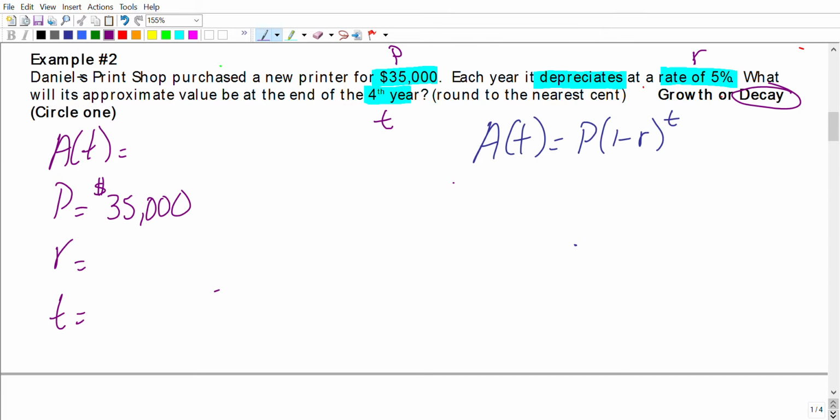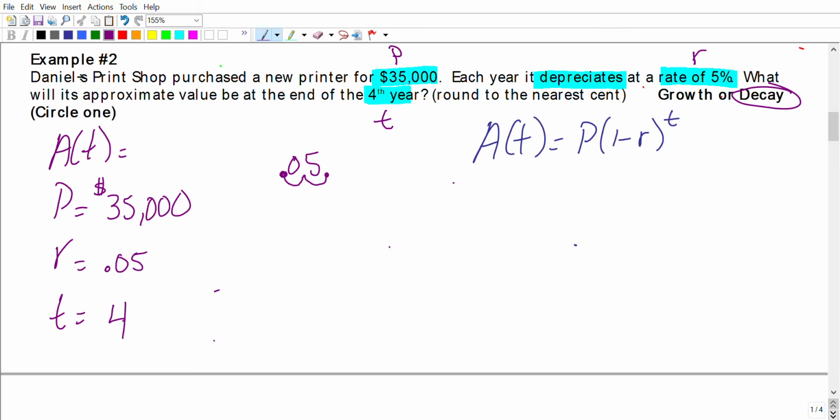Okay, my rate is 5%, but remember, if your decimal is here, you have to move it 1, 2 to the left. So this is actually 0.05, all right? And then finally my T, well, we're talking about after the 4th year, or at the end of the 4th year, so we're looking at a T of 4. Okay, I think we have everything we need here.